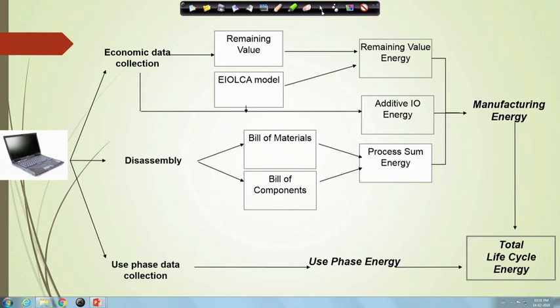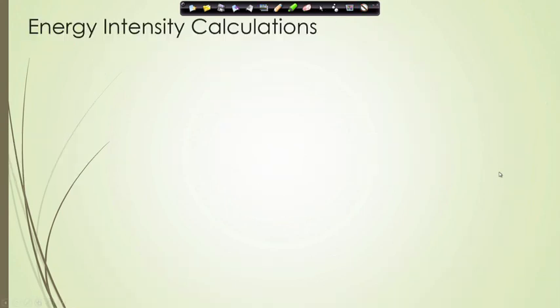So it's much better in terms of the environmental footprint in the use phase energy. So we need to look at both aspects, manufacturing energy as well as use phase energy, to compare.